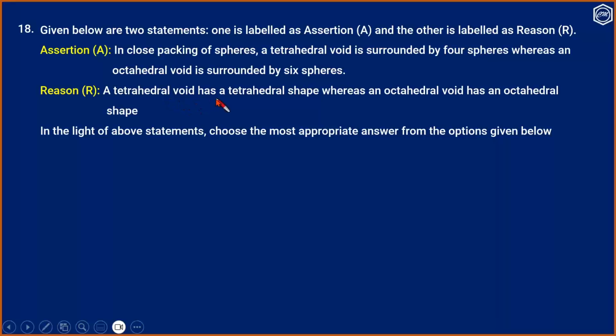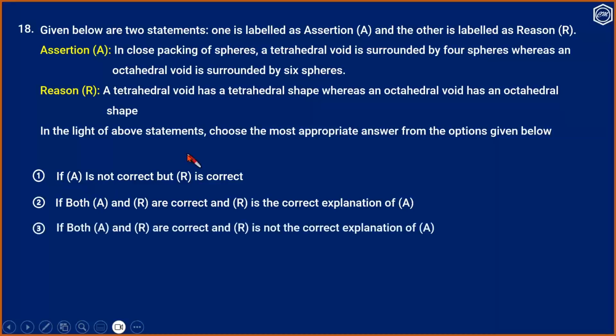Reason R: A tetrahedral void has a tetrahedral shape, whereas an octahedral void has an octahedral shape. In light of the above statements, choose the most appropriate answer from the options given below. If A is not correct but R is correct, both A and R are correct and R is not the correct explanation, etc.